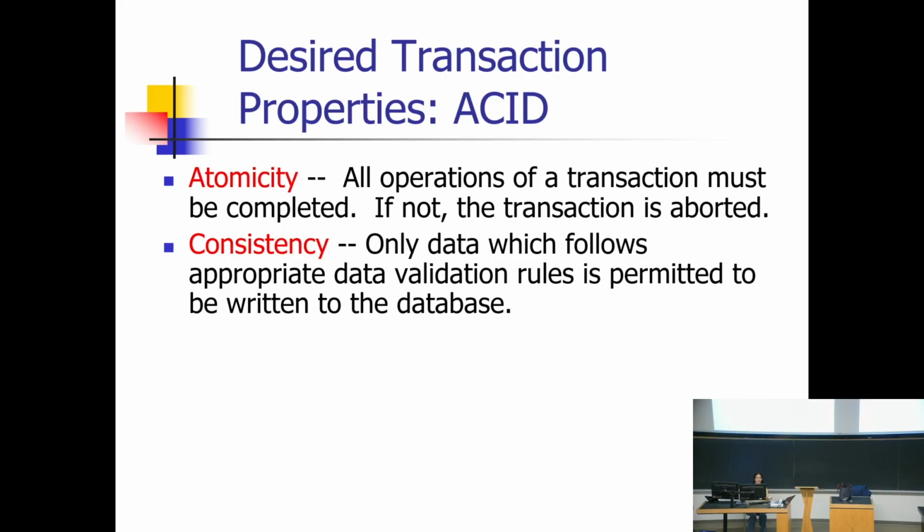For example, all the primary keys, foreign keys, all the constraints that they have should hold before and after the transaction. Then we have isolation, meaning transactions should not interfere with one another. It is as if they are run one by one, even though they are concurrent.